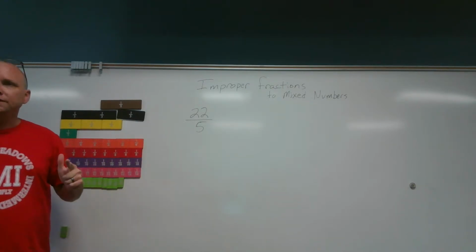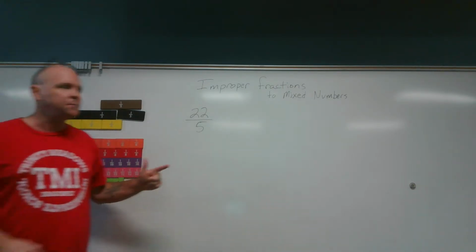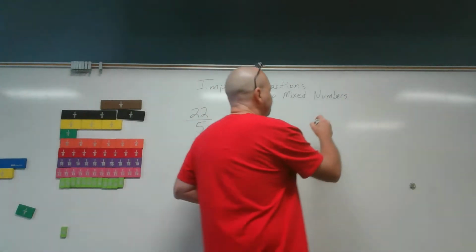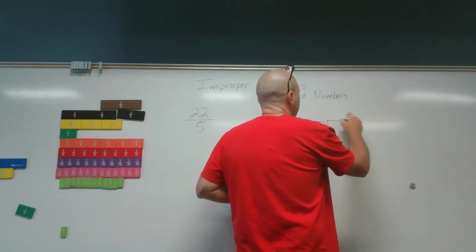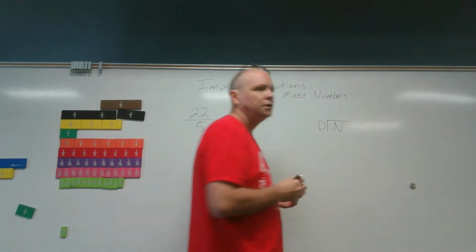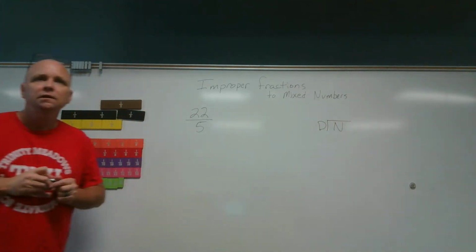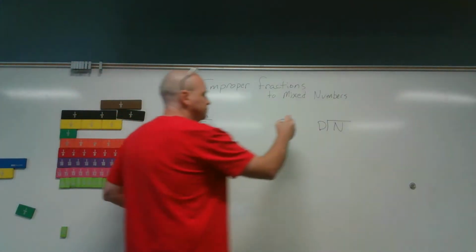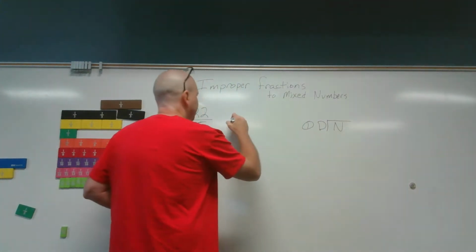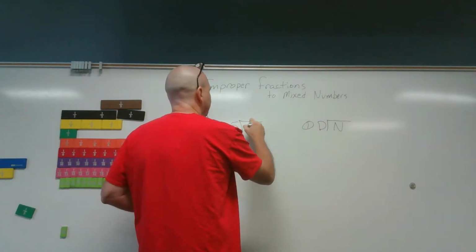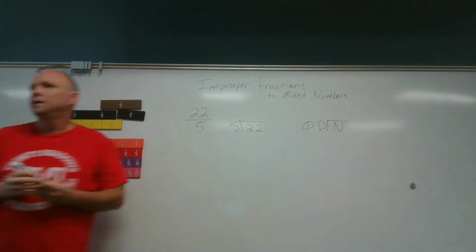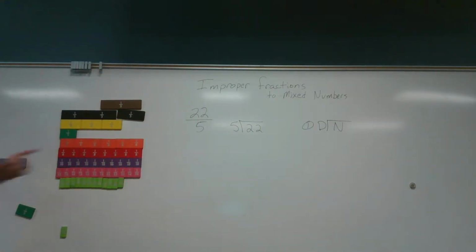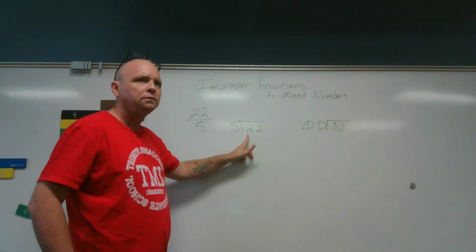In order to do this, the steps you're going to be given is you divide your denominator into your numerator. So that's step one. Let's do that. Divide my denominator into my numerator. Ian, does 5 go into 2?